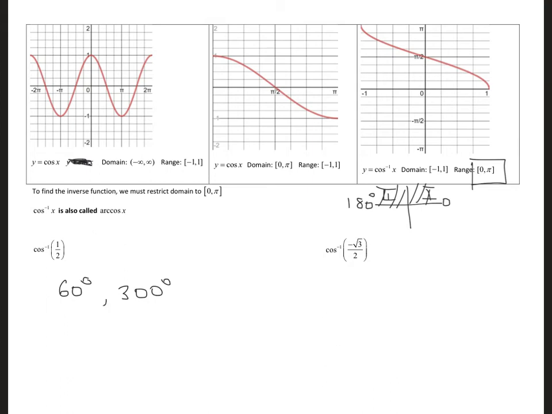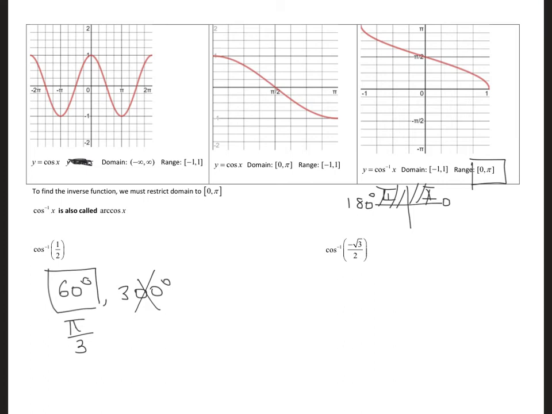I have to remember that inverse cosine is only possible in quadrant 1 and 2. So 60 degrees is in quadrant 1, so that's the only one possible. And remember, this is the same as pi over 3. 300 is out.